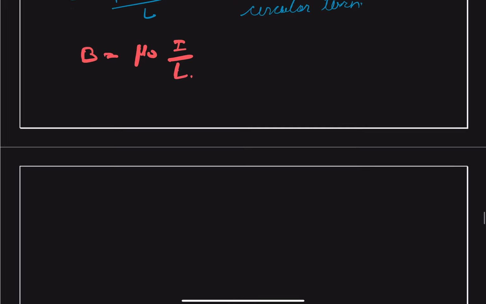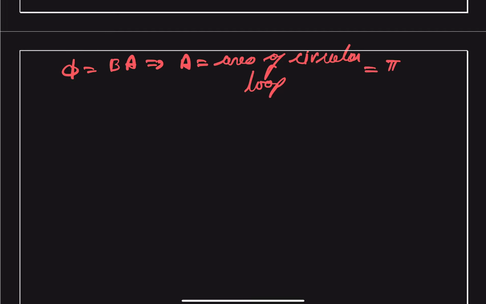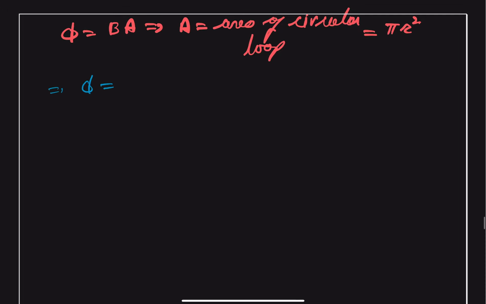So you can say that the flux passing through the circular coil, written as phi, will be equal to B times A. A is the area of the circular loop, which comes as pi r square, and we also know our magnetic field, so we can write that our flux will be equal to mu naught I upon L multiplied by pi r square.